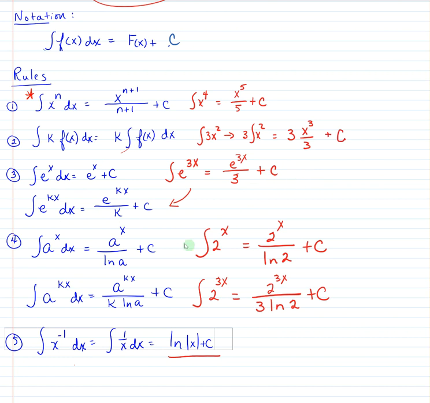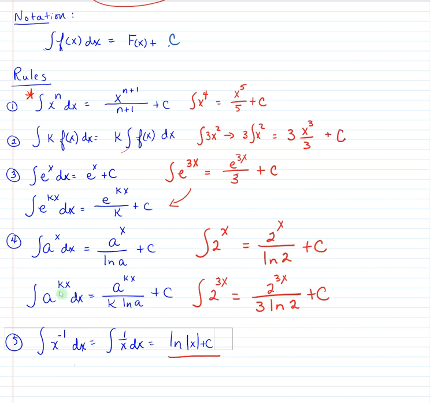Now, number 4 has 2 rules, either a to the x or a to the kx. That's for every other number in the world besides e, so any regular number. The rule for the integral of a to the x is a to the x over the natural log of a plus c. So if we had the integral of 2 to the x, that's 2 to the x over ln 2, natural log of 2, plus c.